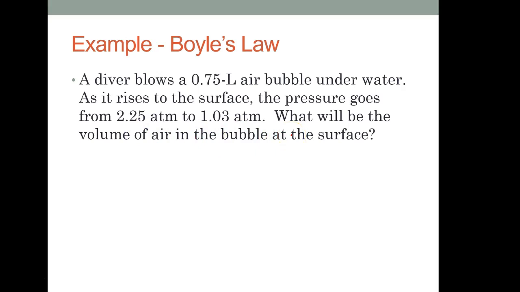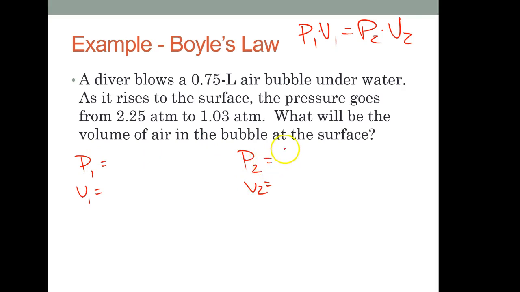So what you have to do is actually go through and identify P1, V1, P2, and V2. And I highly recommend this. If algebra is a challenge for you, I would prefer you write this down. So, 0.75 liter air bubble underwater. I'm going to call that my volume 1, 0.75 liters.